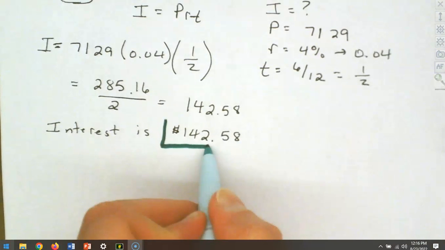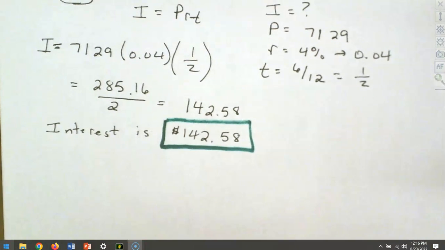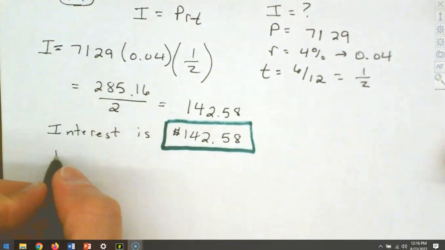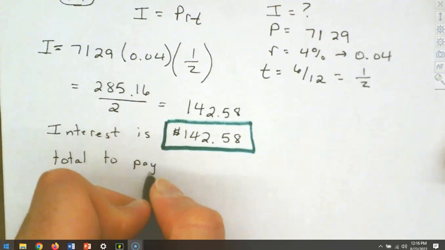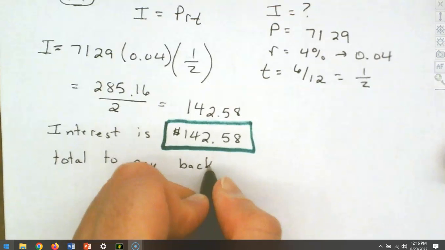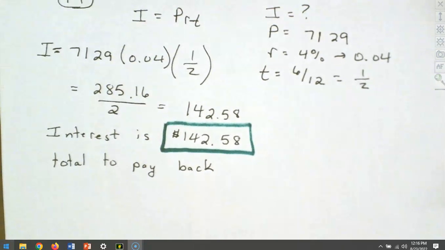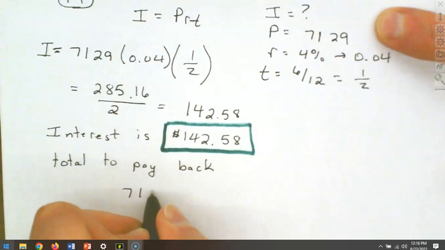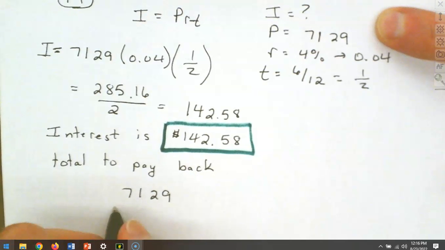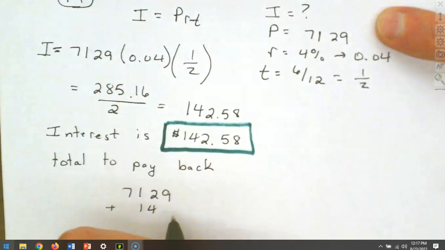We need to also determine how much he has to pay back. So the total to pay back. Well, the total to pay back would now be that $7,129. We're going to add to that $142.58.